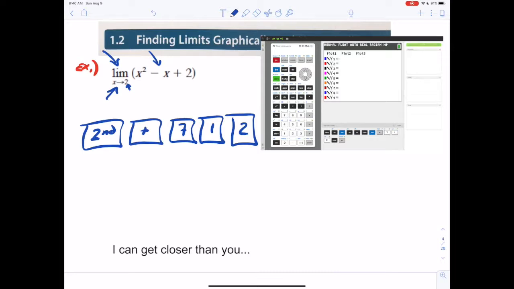That is your variable button, okay? So here, you're going to press x squared, which is right here, minus x plus 2. And again, pause if you need time doing that, but I'm just going to move on at regular speed, just for the sake of keeping the video short, okay?